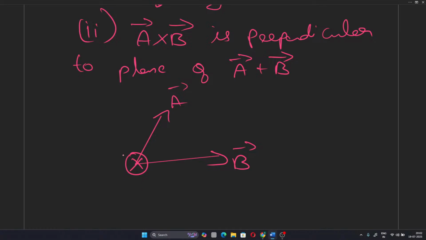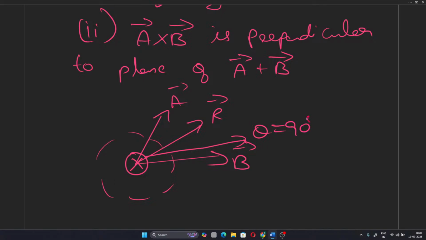It will be inside, and when we take a plus b vector, a plus b will be somewhere like this. The resultant vector will be somewhere like this. So any kind of vector in this plane will always be perpendicular. This angle theta will be 90 degrees. So this second statement is correct.